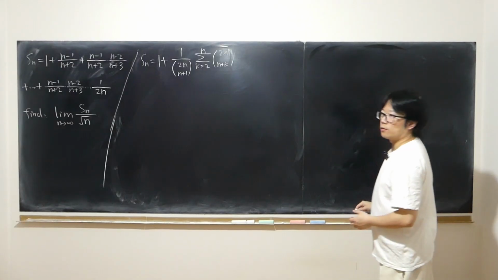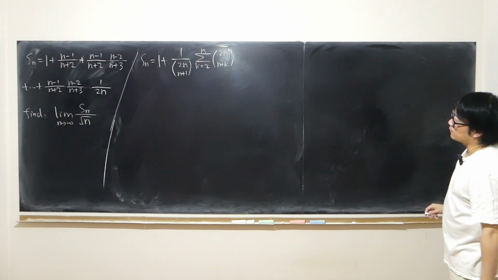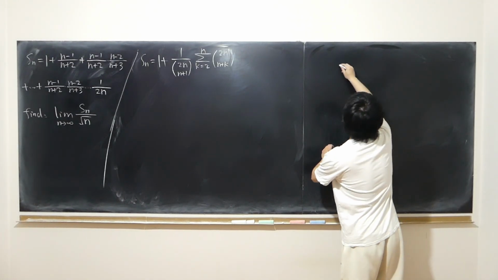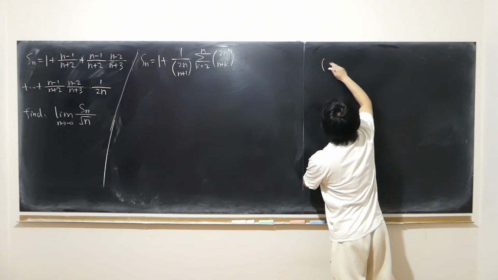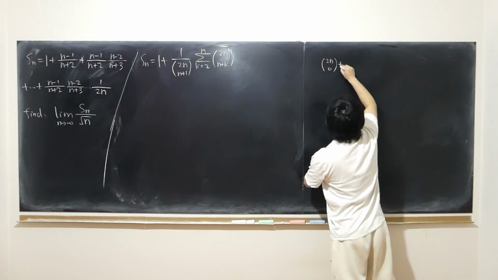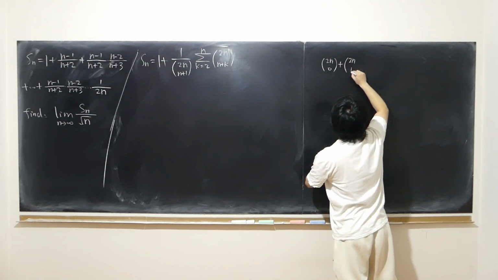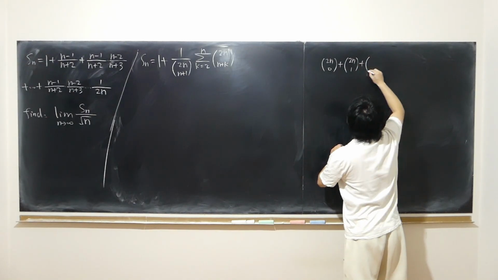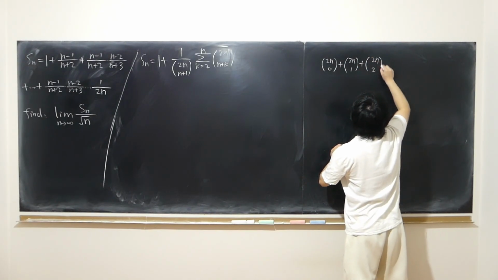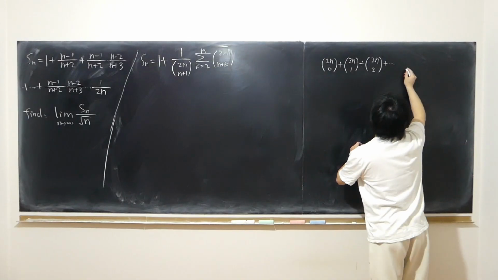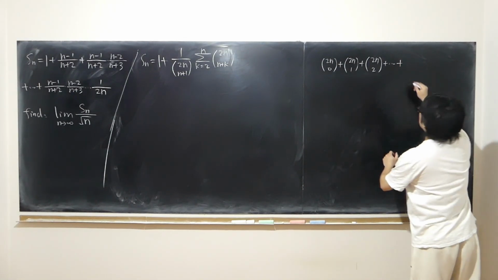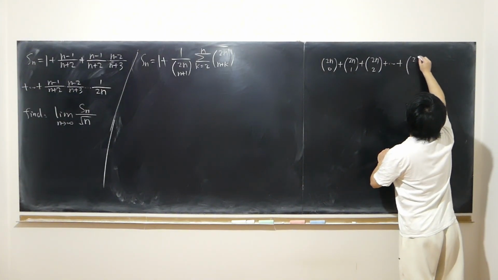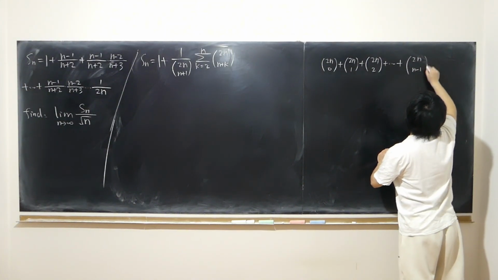Let's have a look at this. I say 2n choose 0, plus 2n choose 1, plus 2n choose 2, all the way to 2n choose n minus 1.